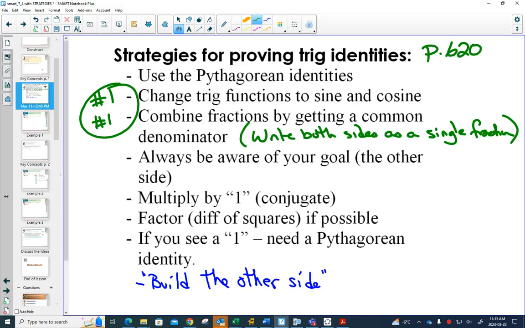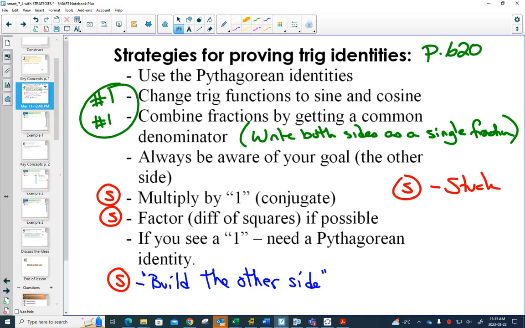But then I mentioned sometimes we're going to get stuck. So I am going to put an S for stuck. There's 2 strategies to get yourself out of being stuck. One of them is factoring.